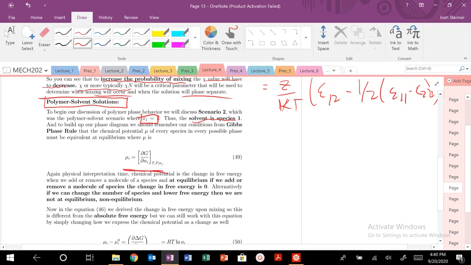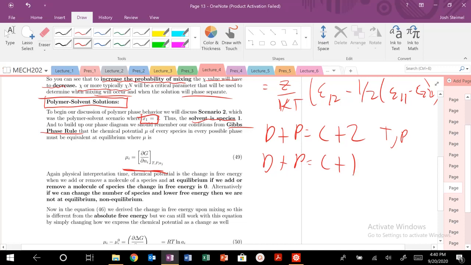In order to build our phase diagram, we need to figure out our conditions from Gibbs phase rule. Hopefully you remember from material science: degrees of freedom plus the number of phases equals the number of components plus 2. This is the general form, assuming temperature and pressure are constant. If you're looking at a single component phase diagram as a function of pressure as well, you could have this equation for your Gibbs phase rule.